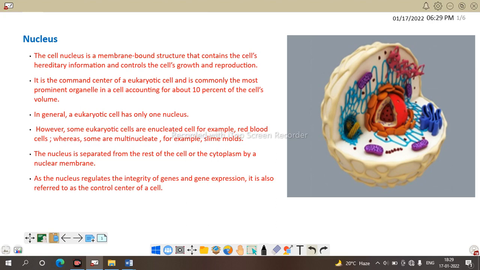It is situated at the central part of the cell, spherical or oval in structure, and carries hereditary material. So let us discuss the nucleus, the parts or structure of the nucleus, and the functions of the nucleus.